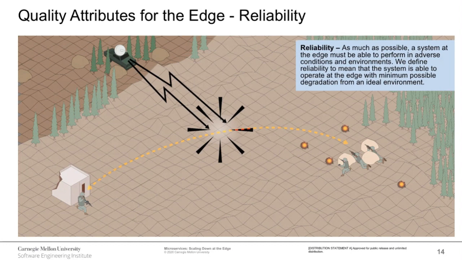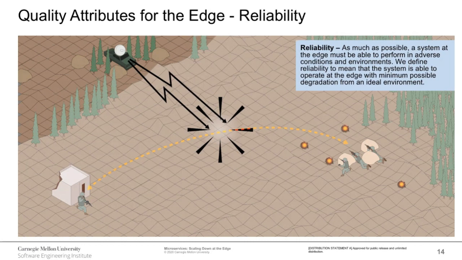And "possible" gives you a wide range, right? So given the challenge of the edge, it isn't saying that you are expected to be able to overcome all the challenges all the time in order to be reliable, just that you can adapt to known challenges as well as is reasonable. So if you look at the diagram, you have two groups of soldiers at the tactical edge who are trying to communicate wirelessly, and in this case are being jammed by a third party.